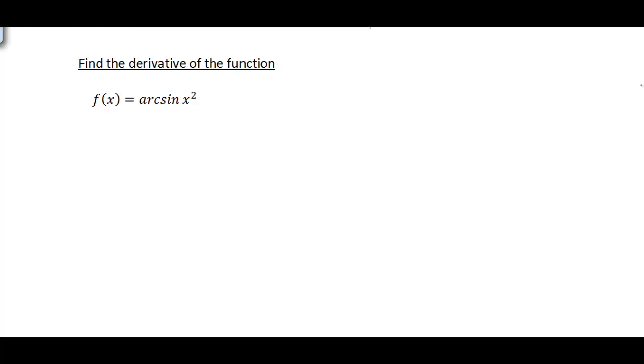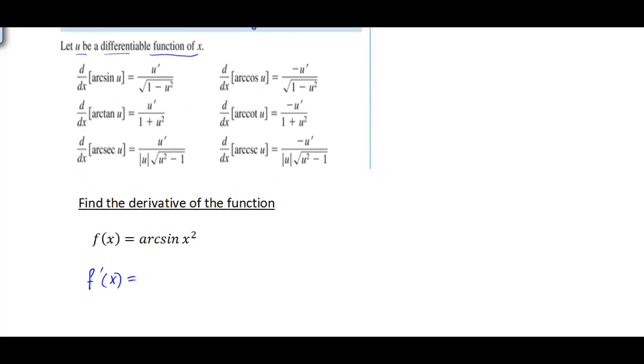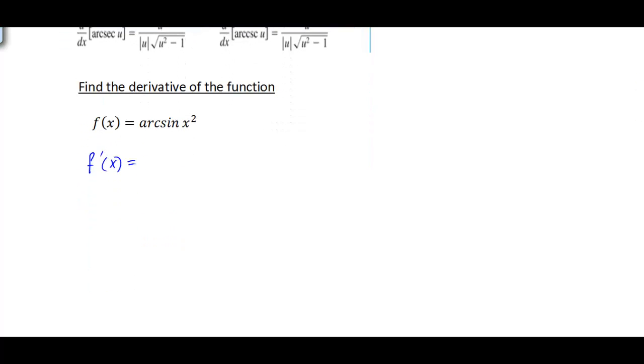The first one says we want to find the derivative of the arc sine of x squared. So if we're looking at the derivative of our arc sine function, then if we go up here to the top, our arc sine is u prime over the square root of 1 minus u squared. So the formula says we have u prime over the square root of 1 minus u squared. So that simply means here in this case, our u is the x squared.